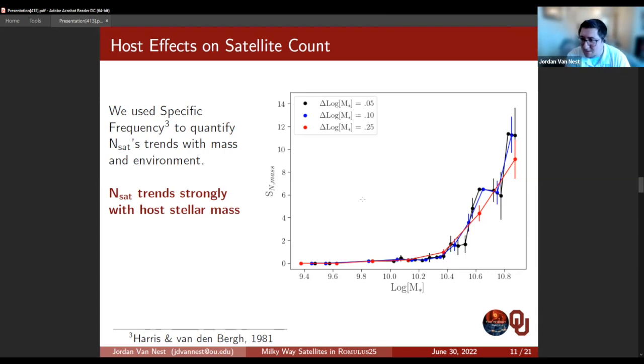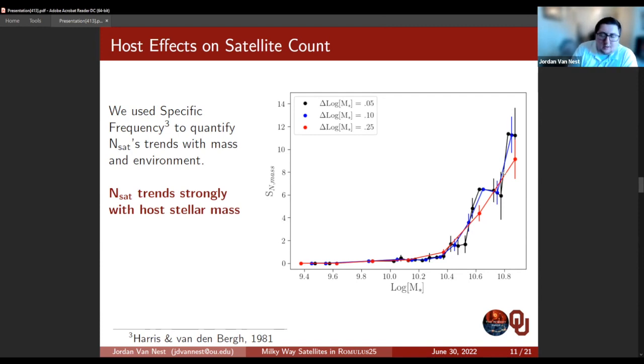So we just modified the equation to see how the number of satellites trended with host mass and with host environment. Here you're seeing that plot for specific frequency of satellites scaled to mass. We see a very strong and well-defined trend where as mass increases, specific frequency, the number of satellites, also increases in tandem.